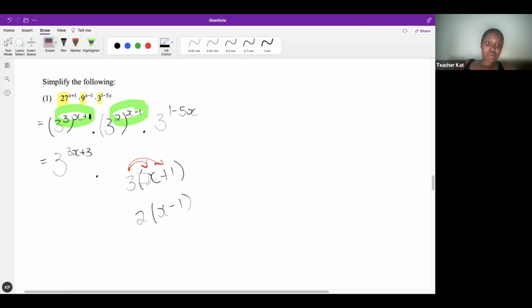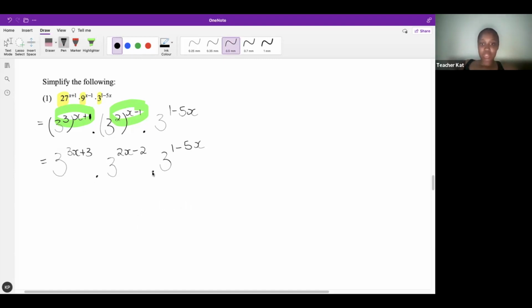Times, for my second one, it's going to be 3 to the power of 2x minus 2. And the last one, I'm just going to keep it as 3 to the power of 1 minus 5x. Beautiful.